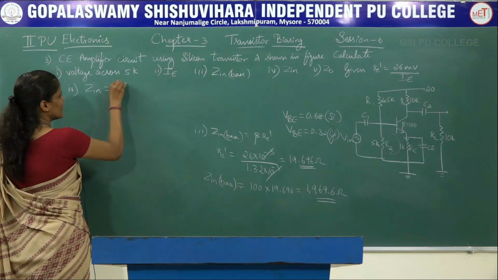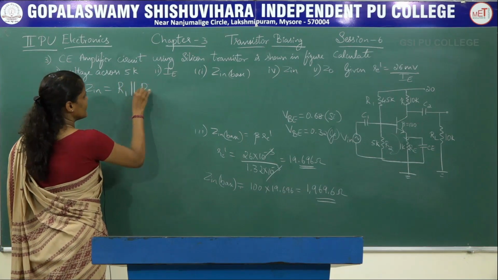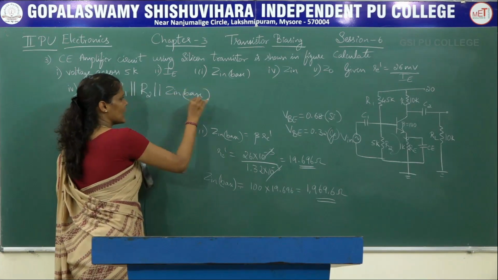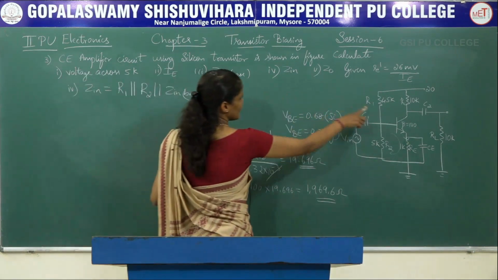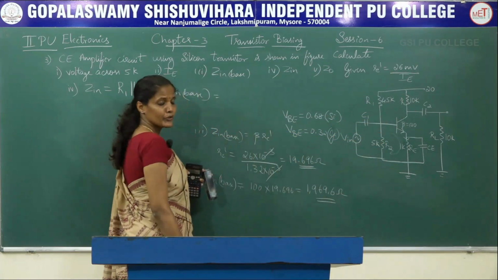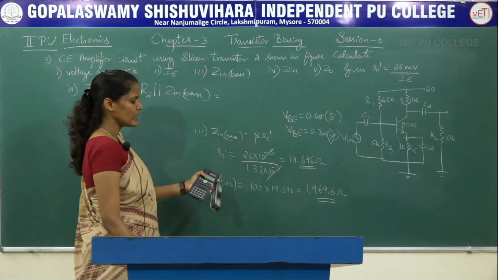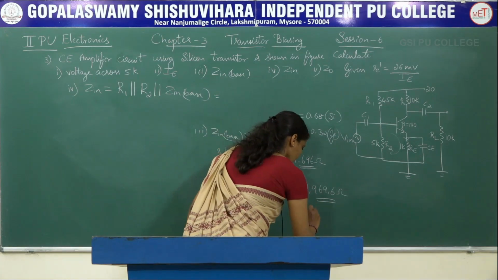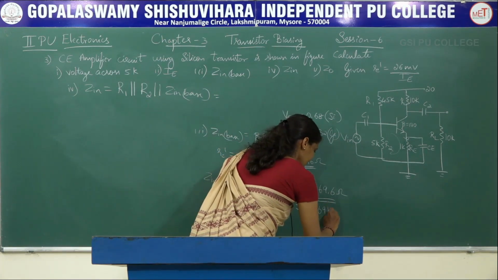Zin is equal to R1 parallel to R2 parallel to Zin base. R1 value is 45 kilo, R2 value is 5 kilo and Zin base value is 1969.6 ohms or 1.969 kilo ohms.